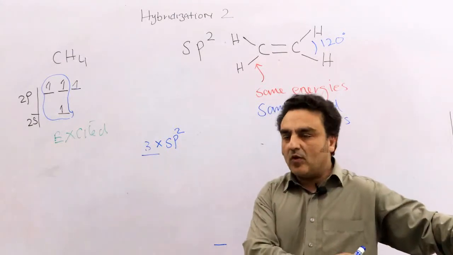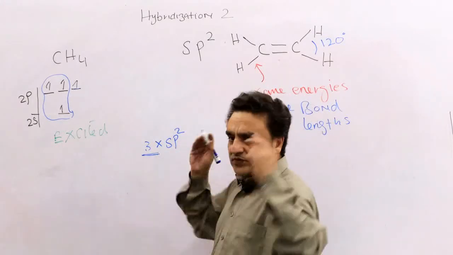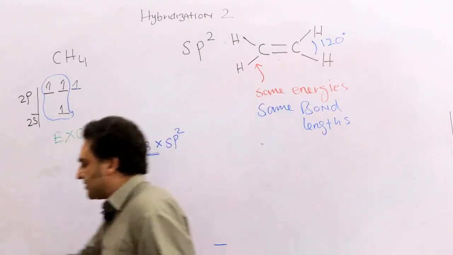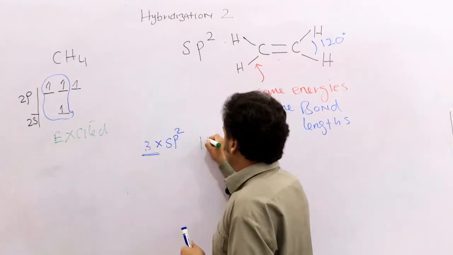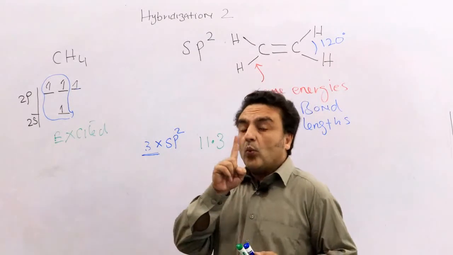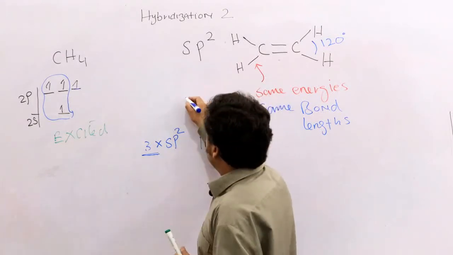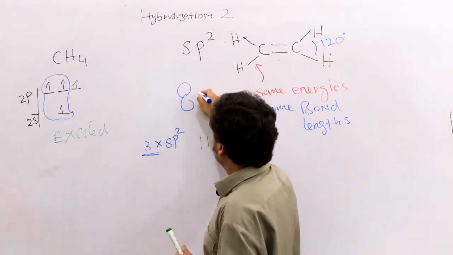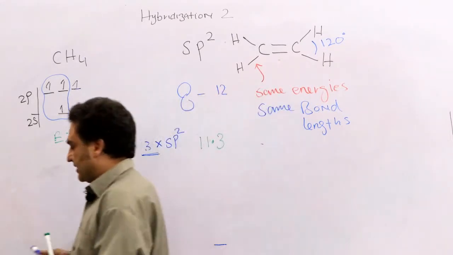It can form a bond, and this is suppose its energy, and its energy, what we calculated not roughly but with our own estimation, was 11.3. But remember, one of the p orbitals is remaining in the molecule, and this p has energy of 12. A high energy orbital is here also.